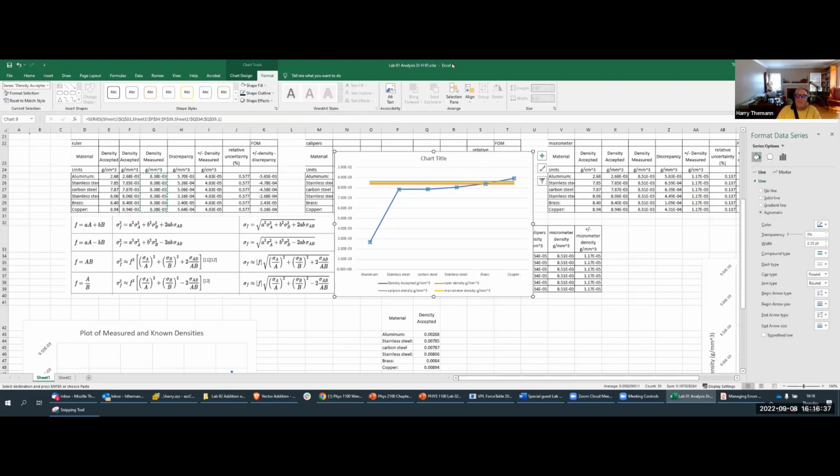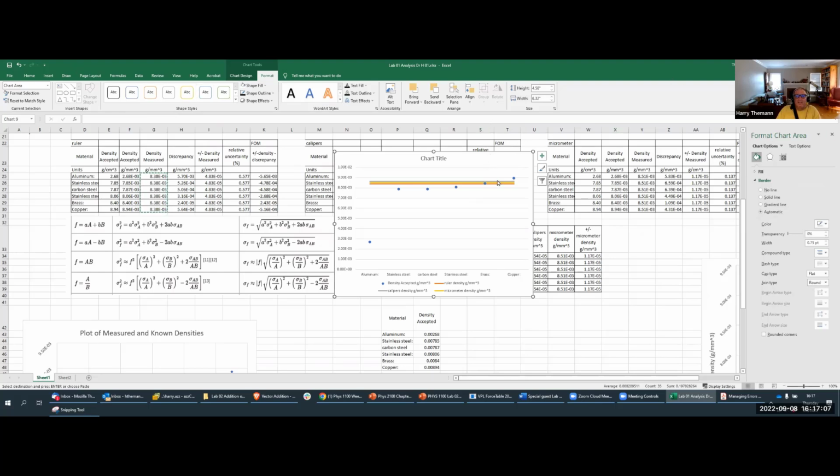So density accepted, we don't want a line, and we do want a marker. Notice I'm selecting built-in instead of automatic because I can change the size. It's round. Now you see those are the accepted values, so we keep them that way.